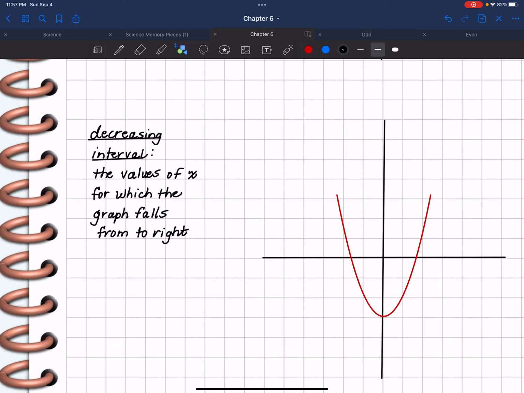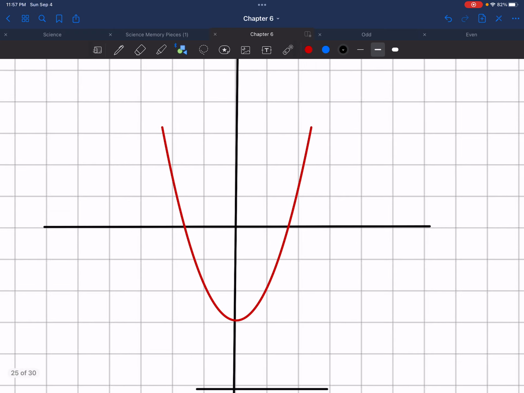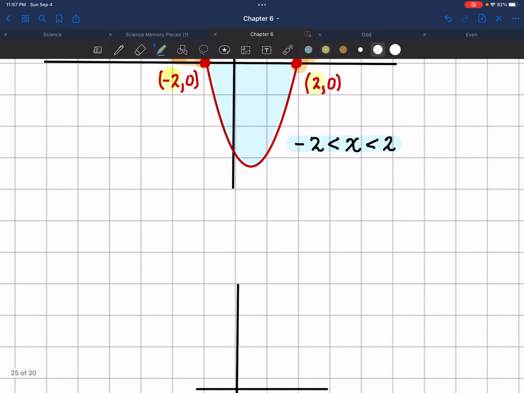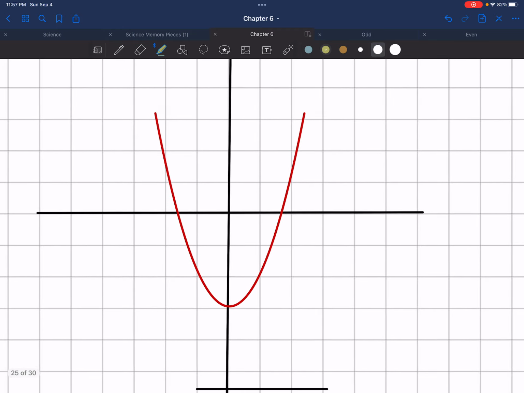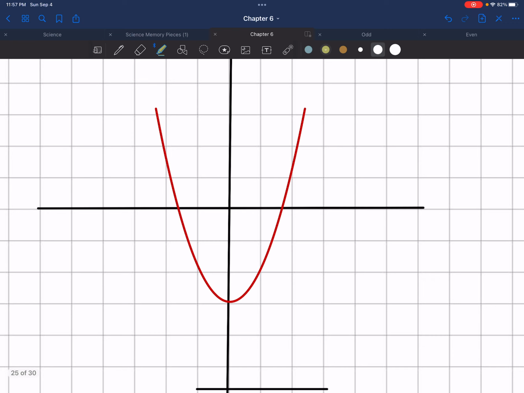Okay, so let's take a look at our parabola here and watch what happens. Remember we're moving from left to right, so we're moving this direction. So watch what happens as I draw this. From left to right, the graph is doing what? It's falling. It's decreasing. So this is the decreasing interval.